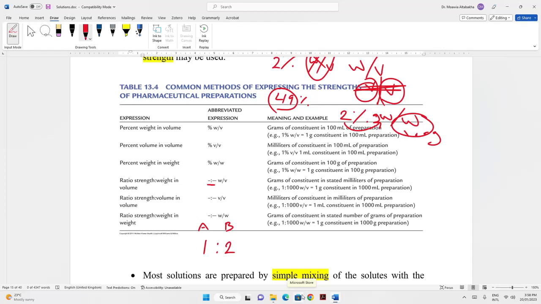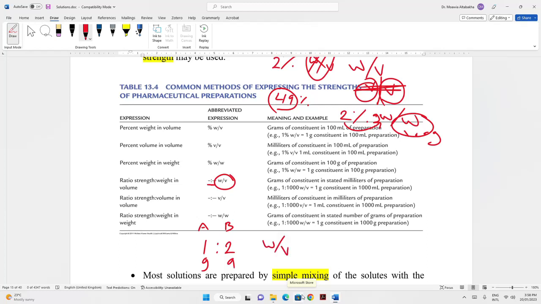In any way, the units here, for example, can be gram with gram. So 1 gram from A to 2 grams from B. But if for this ratio, as you see here, I put W by V, now it becomes totally different.